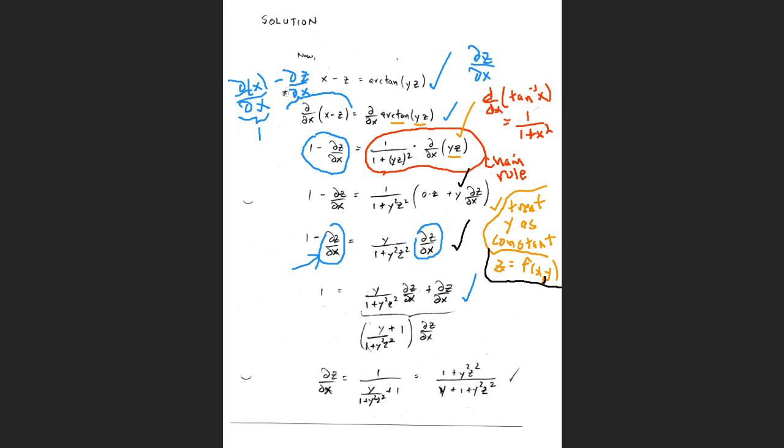And then we factor out the partial derivative of z with respect to x. And now all that's needed is dividing both sides of the equation by y over 1 plus y squared z squared, plus 1, so that we can get the partial derivative of z with respect to x.